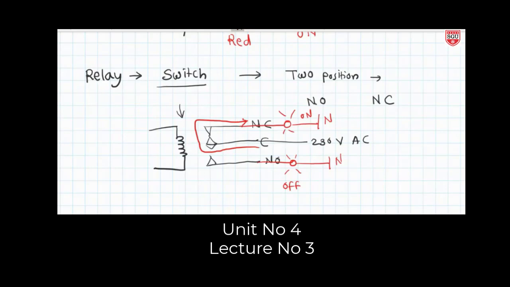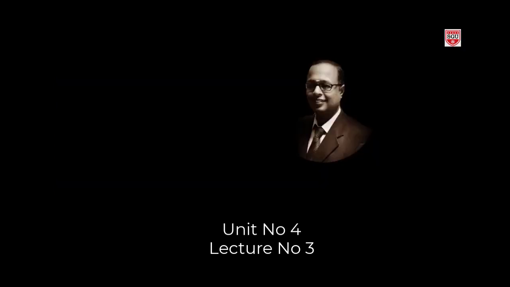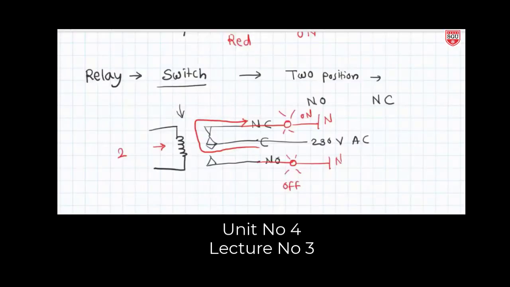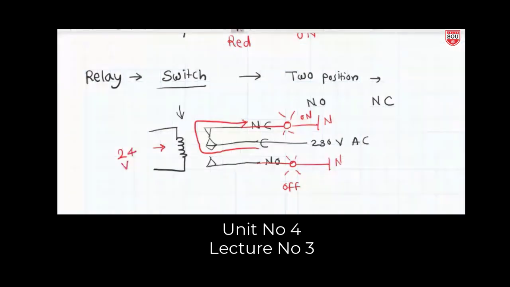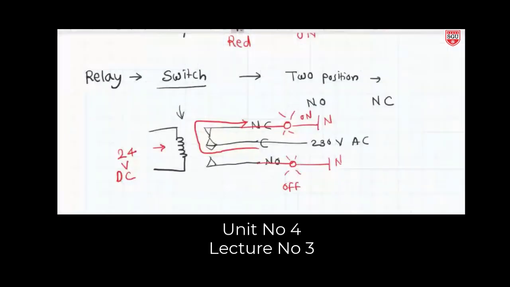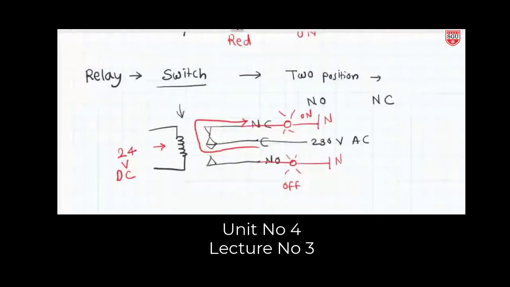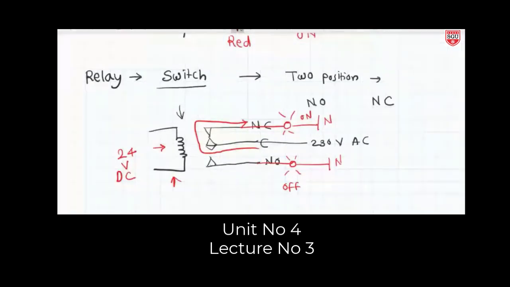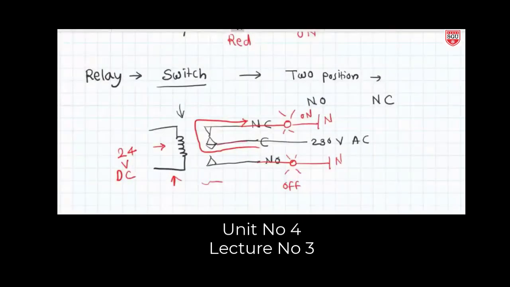That coil is connected to this 24 volt DC supply. So when this supply is given to this coil, it will get magnetized. It is symbolically shown here. So what will happen? The common is spring loaded. That common will come down.